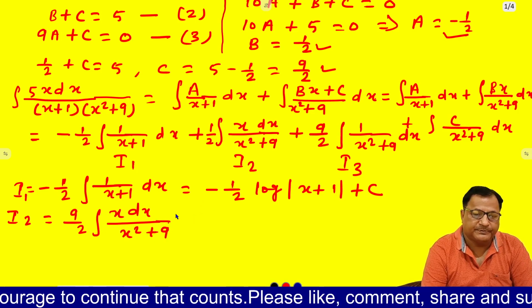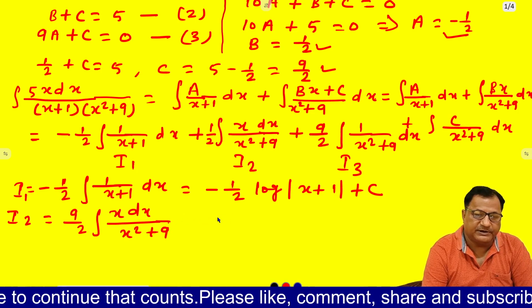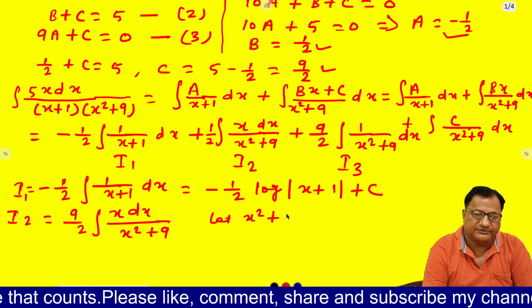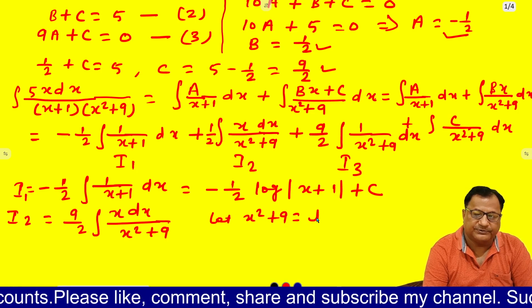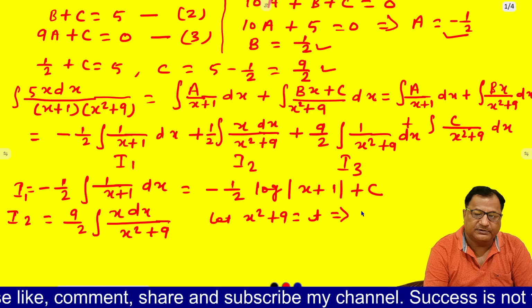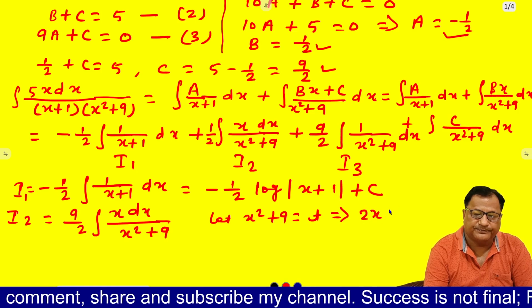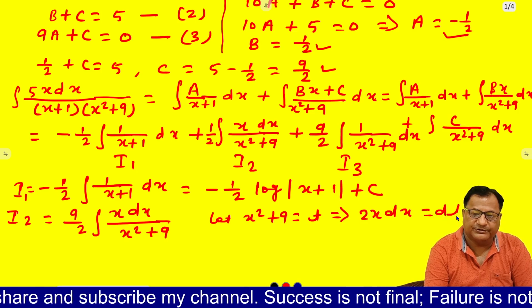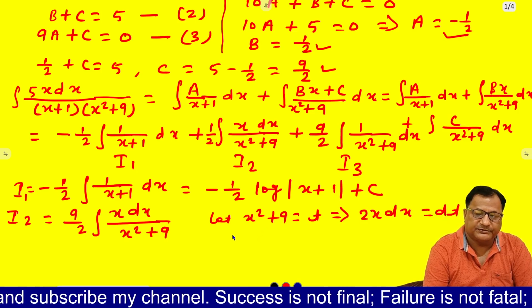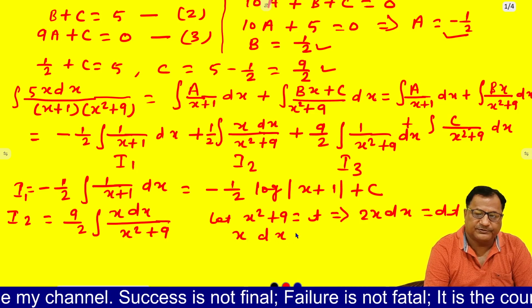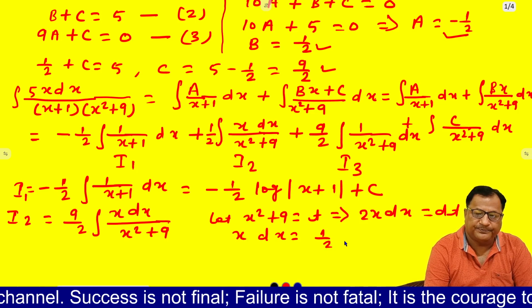For this integration we will let x square plus 9 is equal to t. If we differentiate both sides, then 2x dx is equal to dt. So x dx is equal to half dt.